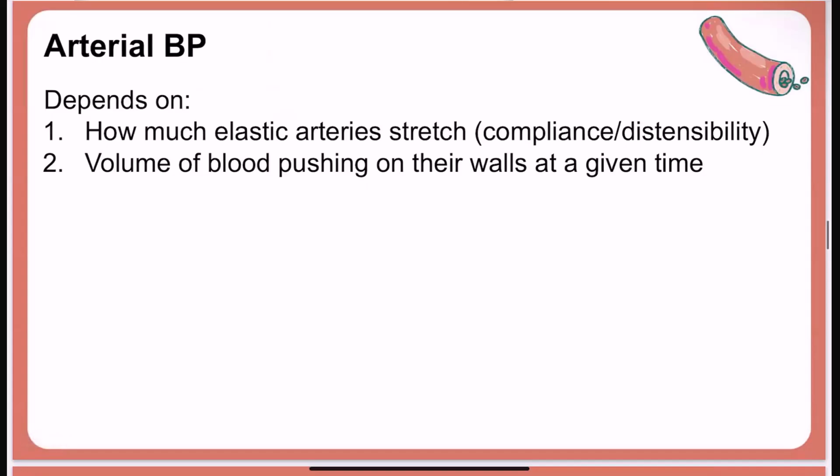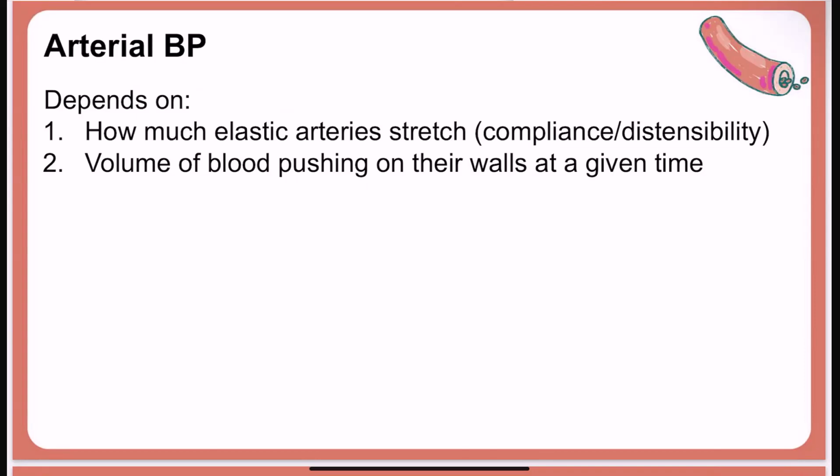Okay, so now let's talk a little bit about blood pressure. And when we talk about blood pressure, most days we talk about arterial blood pressure. In arterial blood pressure, again, the pressure pushing against the vessel wall depends on two major factors: how stretchy your elastic arteries are, are they distensible, are they in compliance, so how are the elastic arteries working?